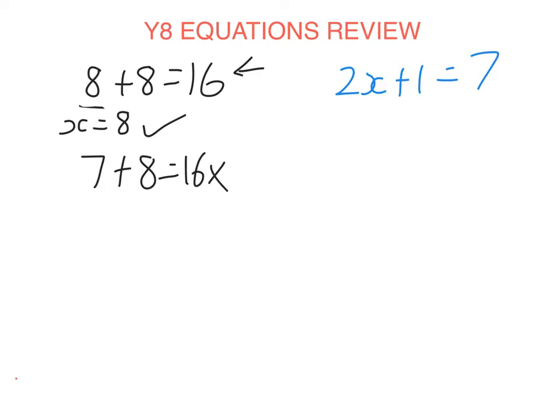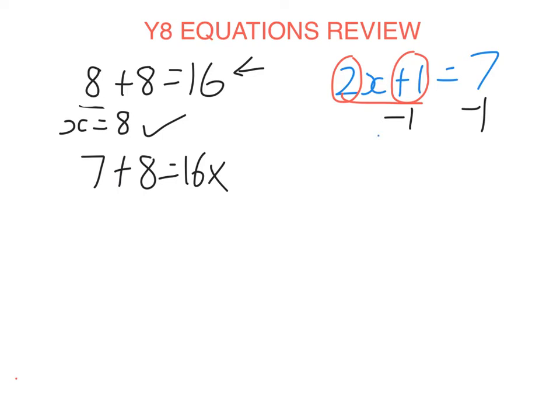What I've done here to x is I've timesed it by 2 and added 1, in that order because of BODMAS. But when I'm solving, I have to undo it in the opposite order. So instead of adding 1 first, I need to subtract 1 first. I do that because it's the opposite order to BODMAS.